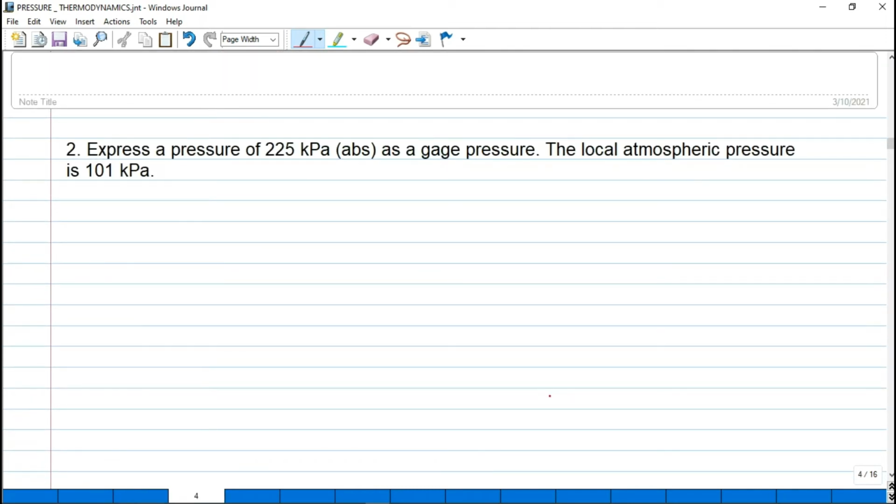For the second problem, we have expressed a pressure of 225 kPa absolute as a gauge pressure. The local atmospheric pressure is 101 kPa. Okay, so atmospheric pressure is given by, so we have here 101 kilopascals. Then we have the absolute pressure as 225 kilopascal.